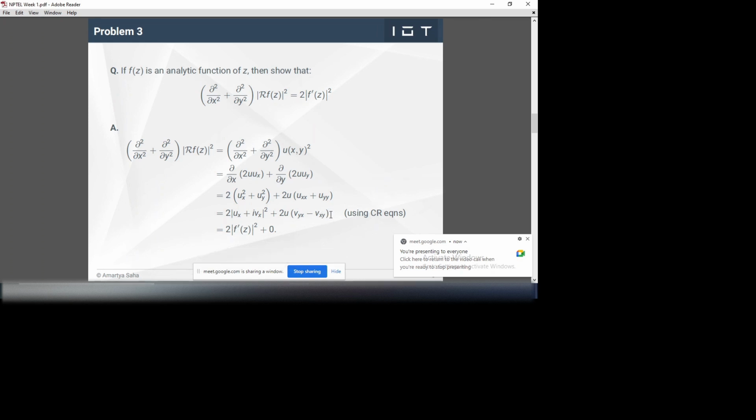And as I have just said, partial derivatives don't depend on the order, so they have to be equal. So v_yx equals v_xy, so they cancel each other.